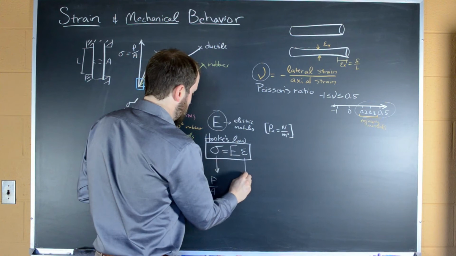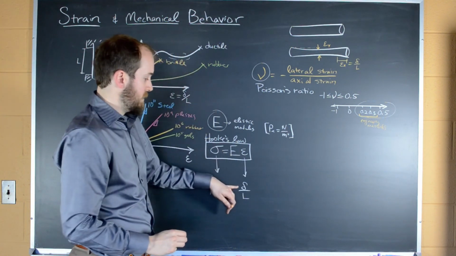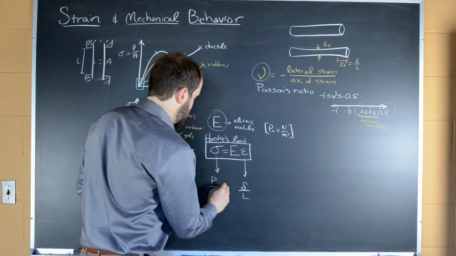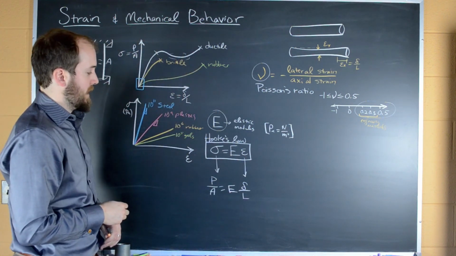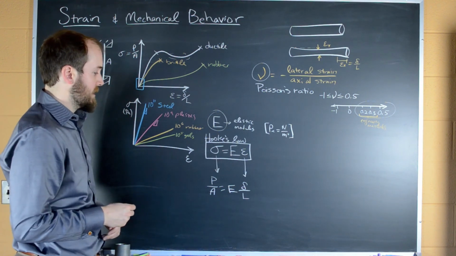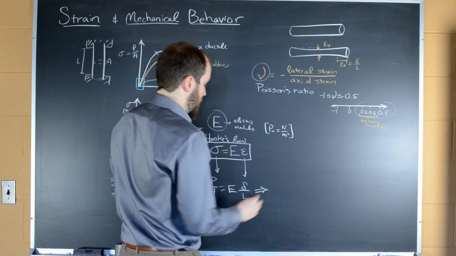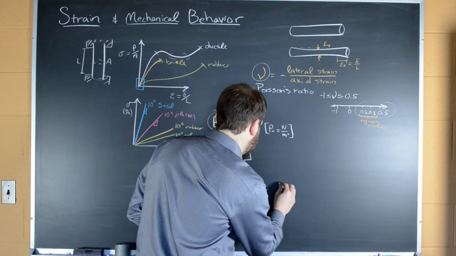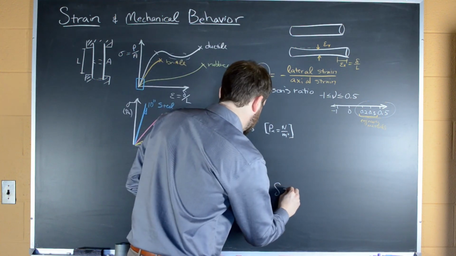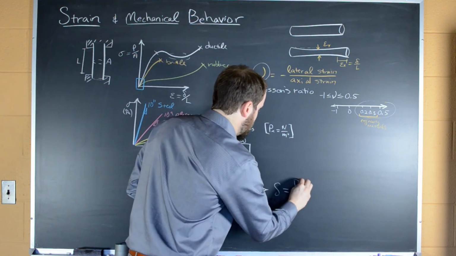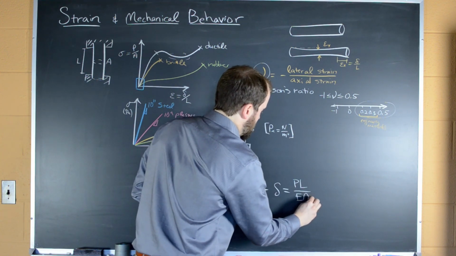We take strain, which is equal to a deflection or displacement delta over L. And we have that multiplied by Young's elastic modulus. You can very easily see that our displacement, delta, is going to be equal to P L over E A.